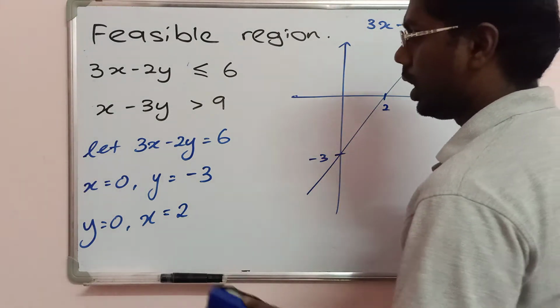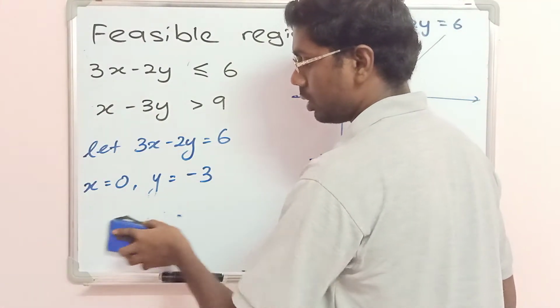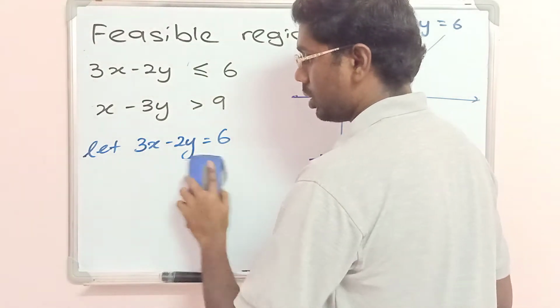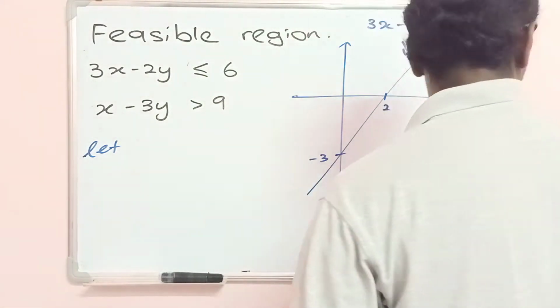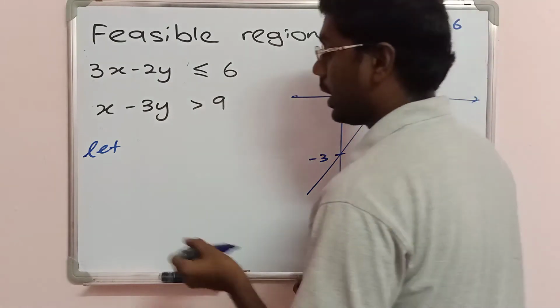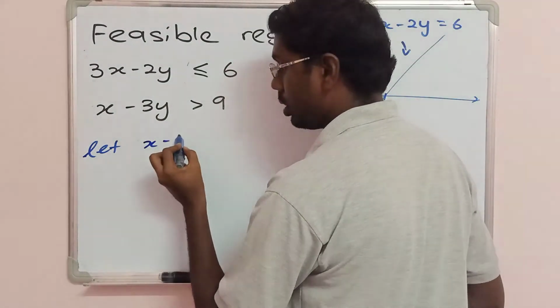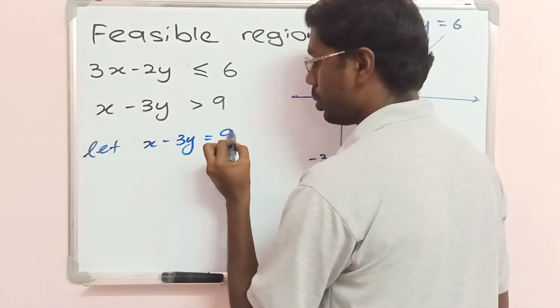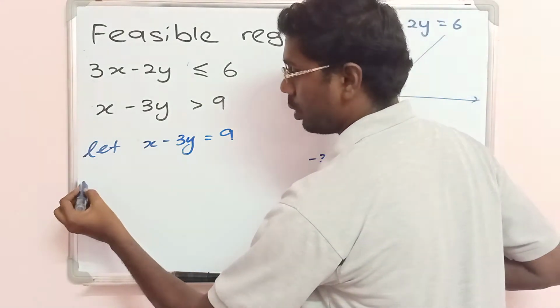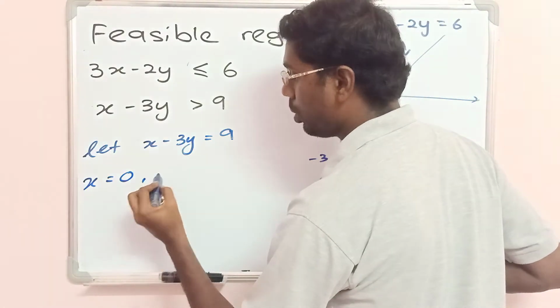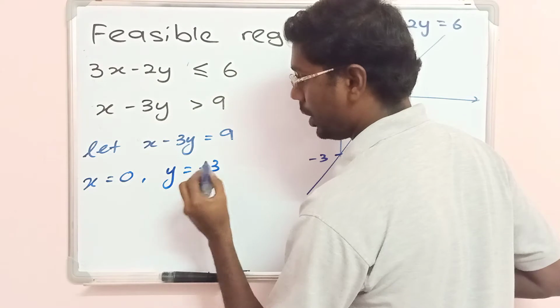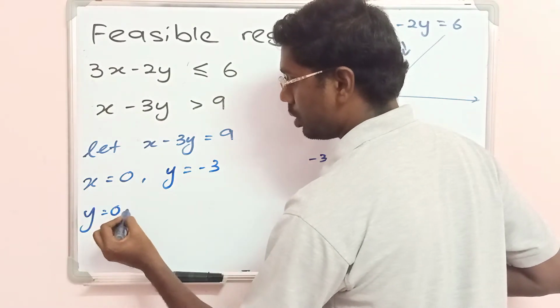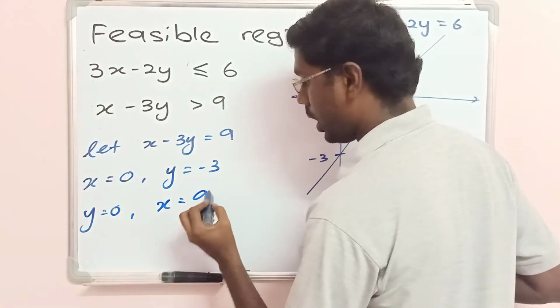Okay. So now we're going for the second equation. The same process goes on. So let x minus 3y equal 9. When x equals 0, y equals negative 3. When y equals 0, x equals 9.